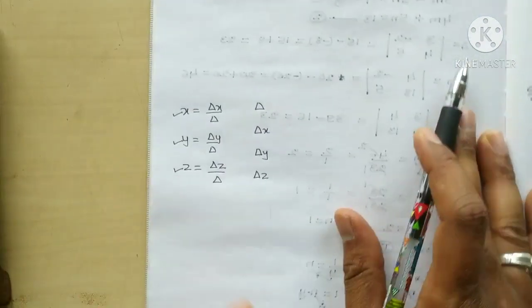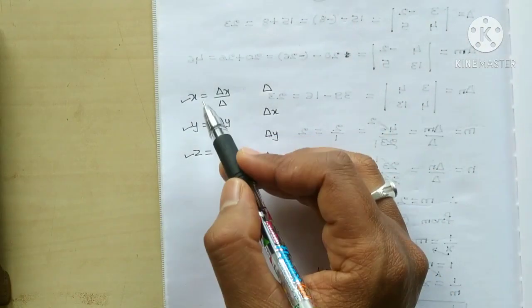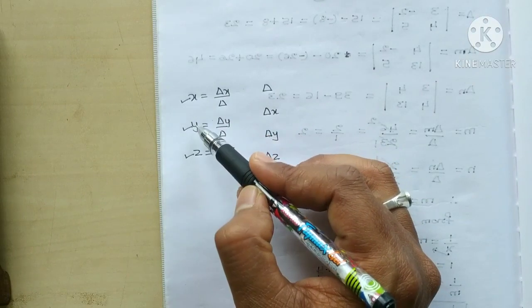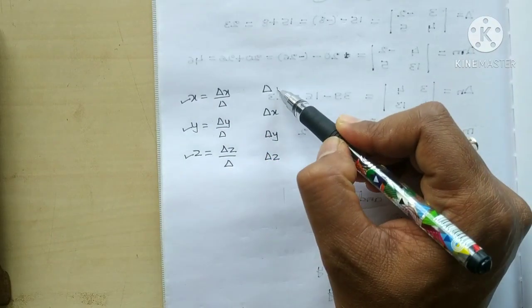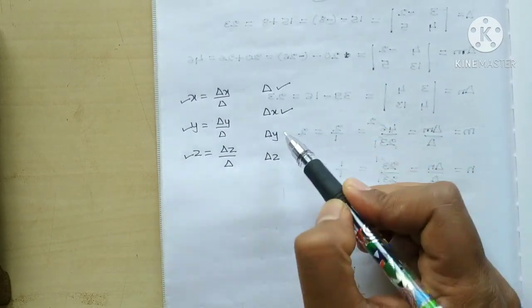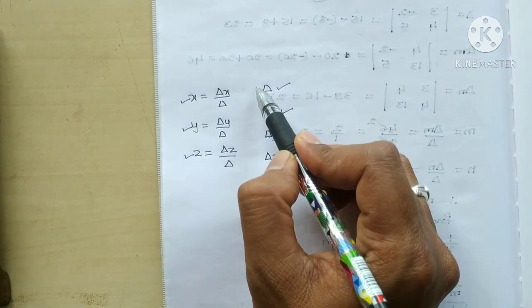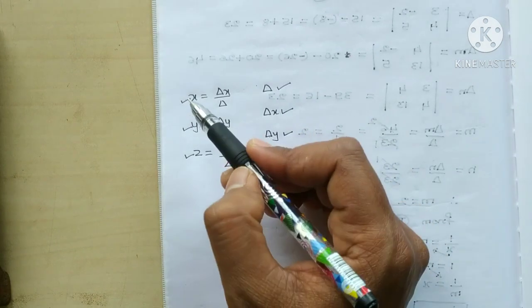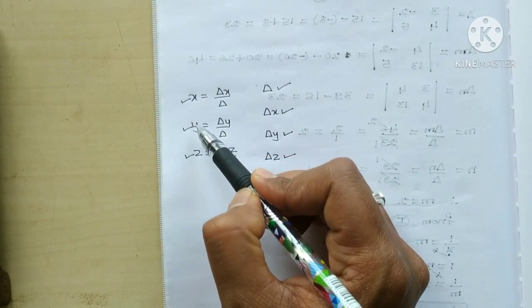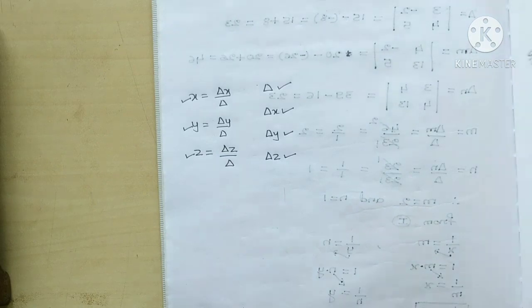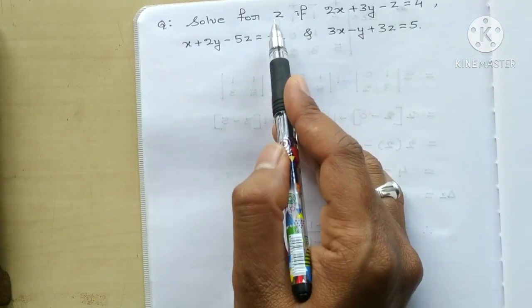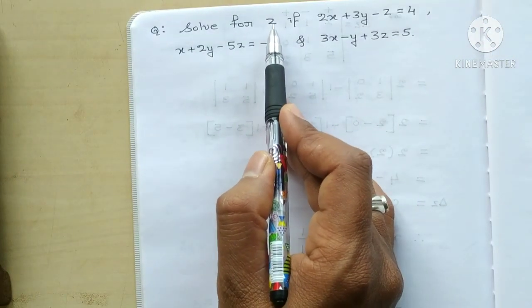Whenever they ask to solve for x, y, z, that time you need to find delta value, delta x value, delta y value and delta z value. All 4 values you need whenever you are solving for x, y and z. But here the question is only to solve for which value? Z value.